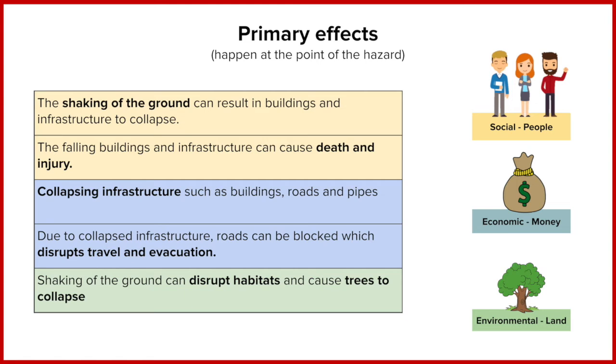What actually kills people are the buildings falling, the pipes bursting and causing fires. We would argue that these are all secondary effects, because the only primary thing happening is the shaking of the land, and everything afterwards is secondary. So if you were arguing whether primary or secondary effects were worse, you might include this definition and say the secondary are worse, because everything other than the ground shaking is classed as secondary.